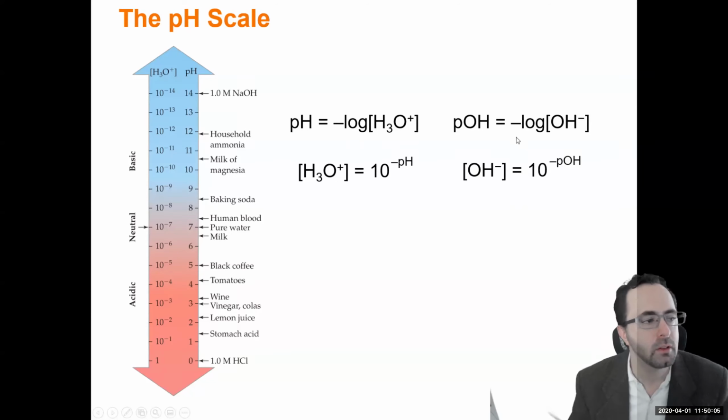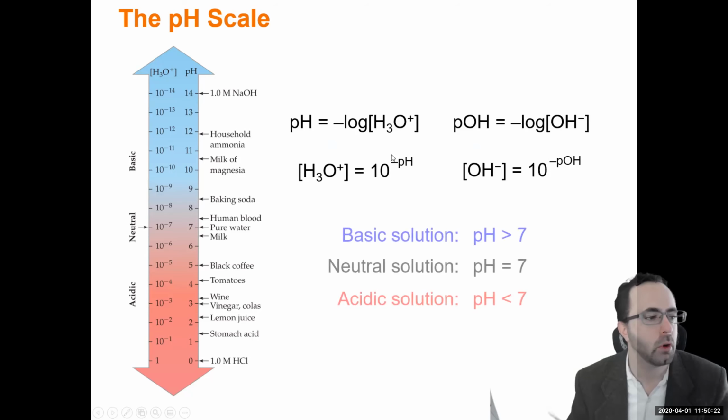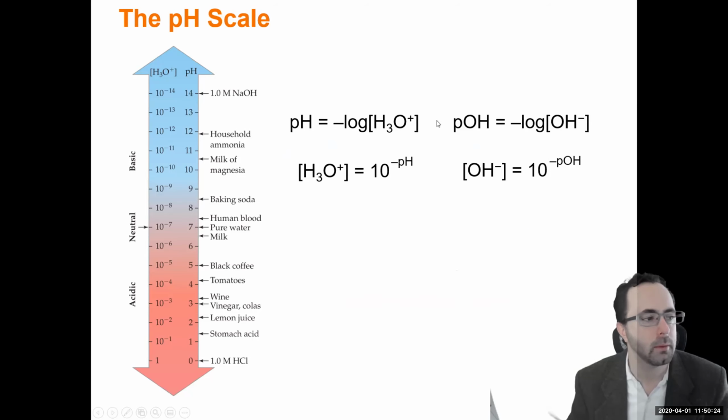These definitions of pH and pOH, you should have memorized, okay? This is really important. You should always have these available in your mind. This is what pH means. This is what pOH means. As long as you memorize pH, I think memorizing everything else is pretty easy. You can do algebra to get to here, and pOH is just the same as pH. It's negative log of hydroxide instead of hydronium.